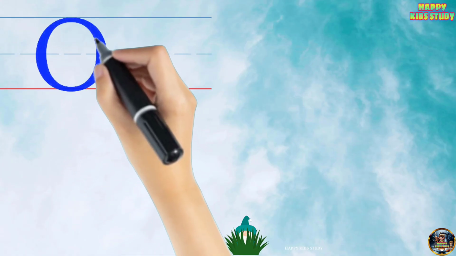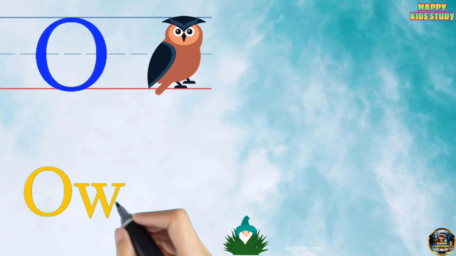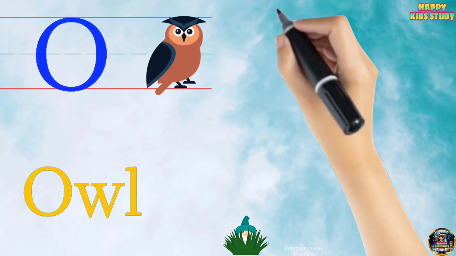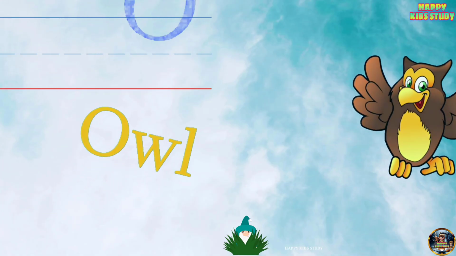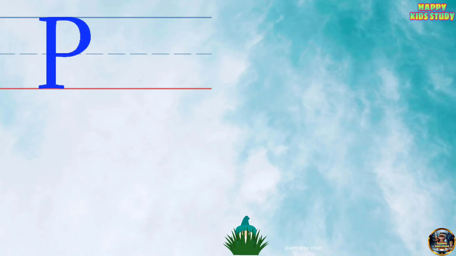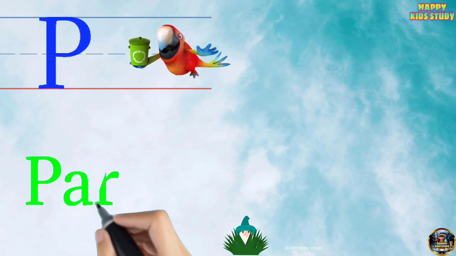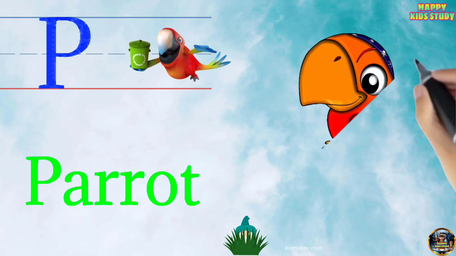O. O for owl. Owl means ullu. P. P for parrot. Parrot means tota.